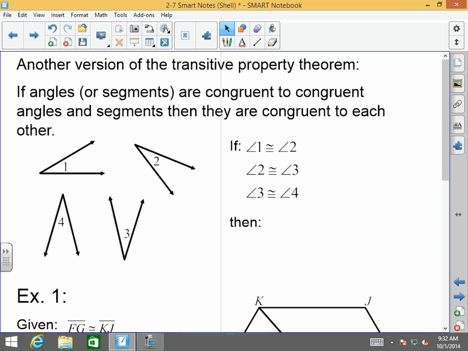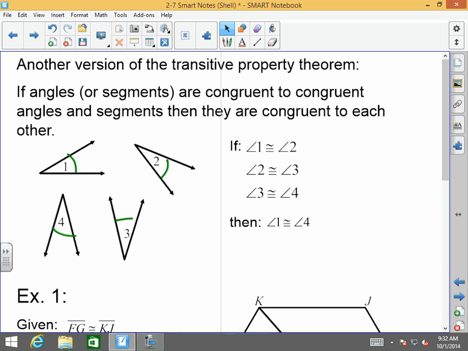So if I tell you that angle 1 is congruent to angle 2, but then I tell you that angle 2 is congruent to angle 3, and then I tell you that angle 3 is congruent to angle 4, what do you think you can tell me? Yes, sir. Beautiful, great job. Angle 1 is congruent to angle 4.